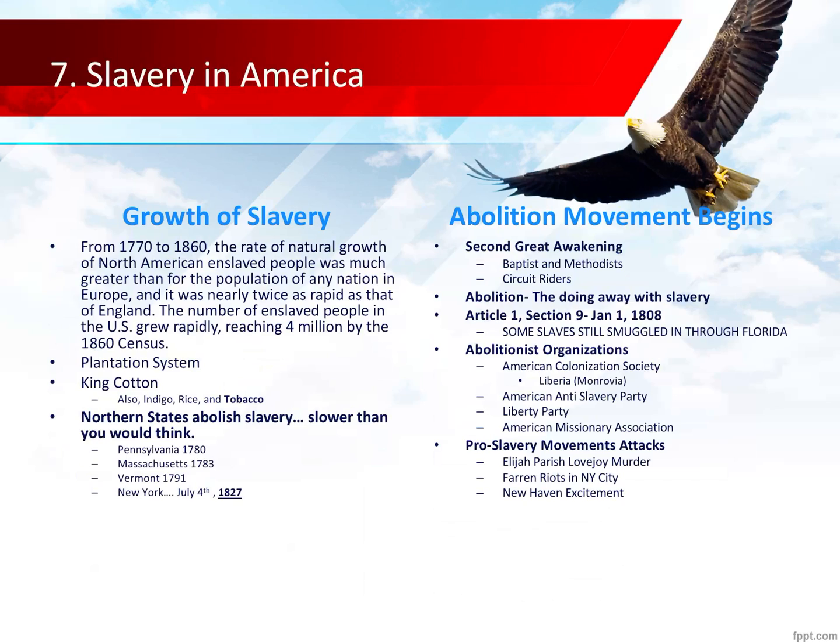The plantation system was basically, each plantation was its own village farm almost, and everybody on the plantation was to do their job, and then the slave owner, if he was profitable, would then funnel down his wealth, allowing his slaves to stay there.